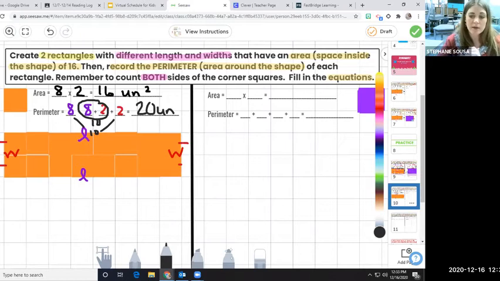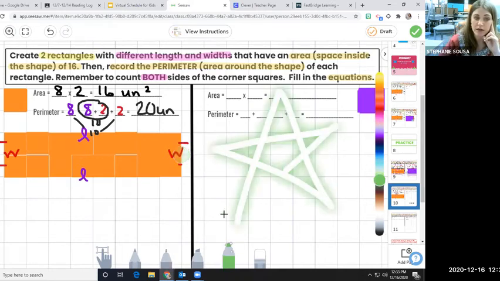Yesterday, we talked about not being able to use ones because we don't have enough space to go 16 squares across the whole screen. So ones were out. We just used twos. I'm going to send you into breakout rooms and you are going to complete this side over here with your breakout room.